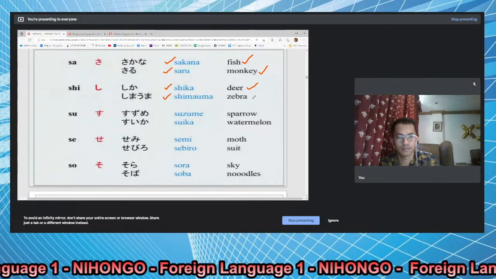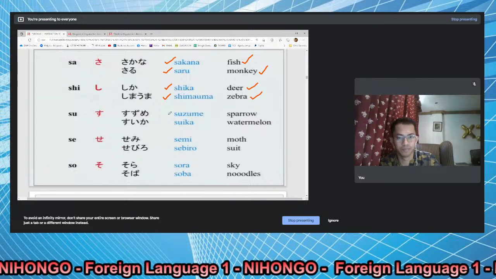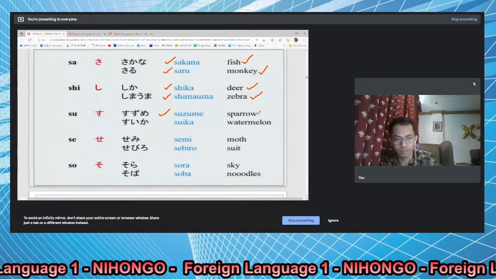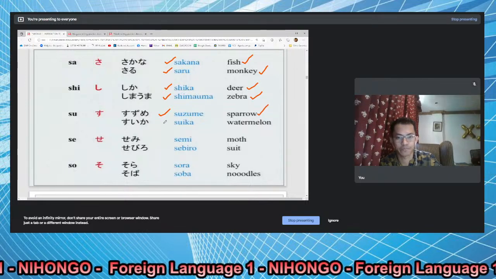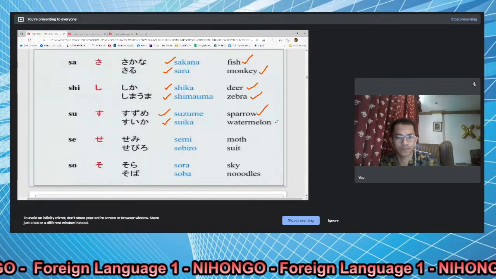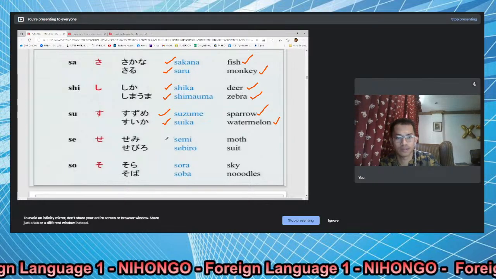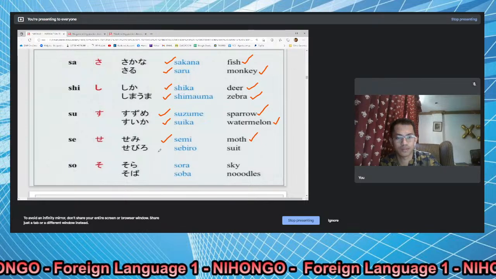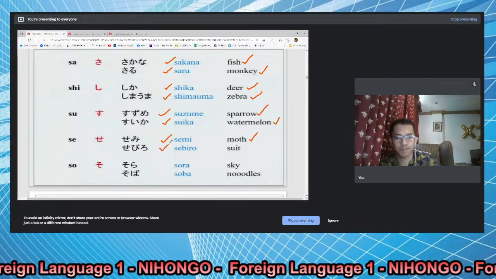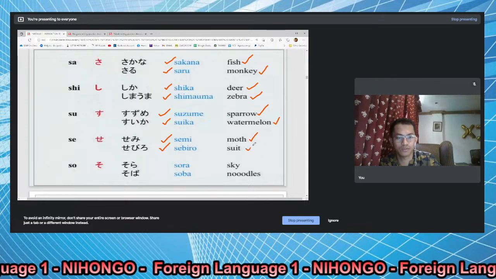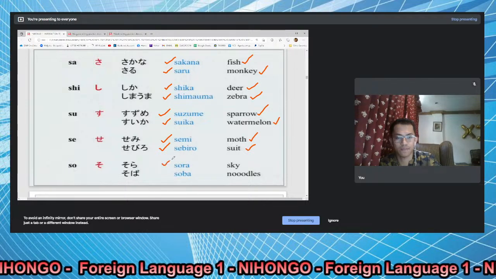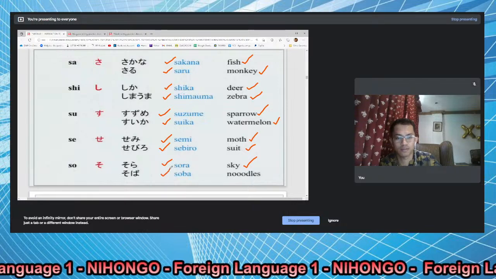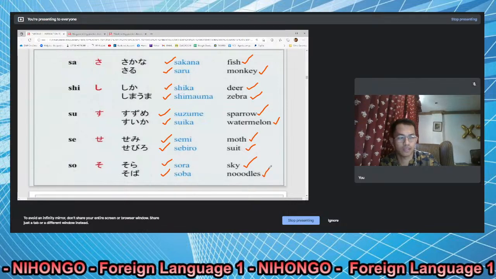Shimauma, zebra. Suzume, sparrow. Suika, watermelon. Semi, moth. Sebiro, suit. Sora, sky. And soba, which means noodles.